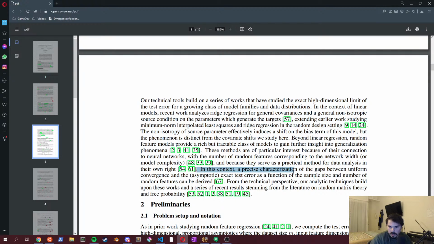In this context, a precise characterization of the gaps between uniform convergence and asymptotic test error as a function of sample size and number of random features can be derived. From the technical perspective, our analytic techniques build upon these works and a series of recent results stemming from the literature on random matrix theory and free probability.